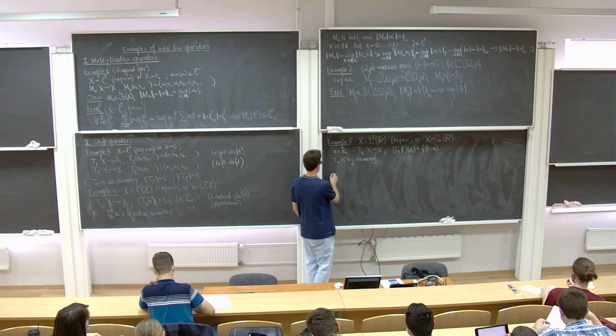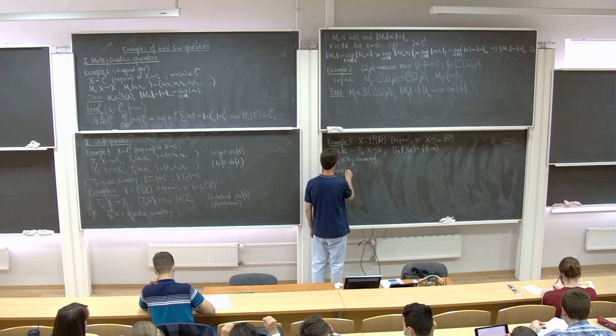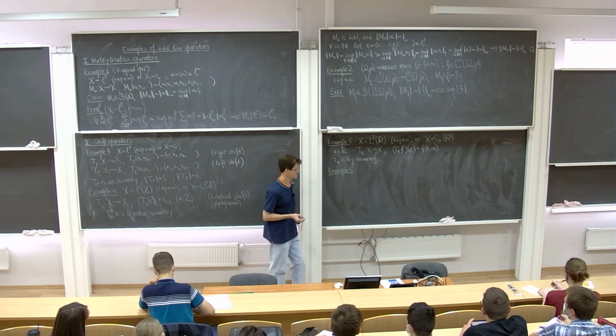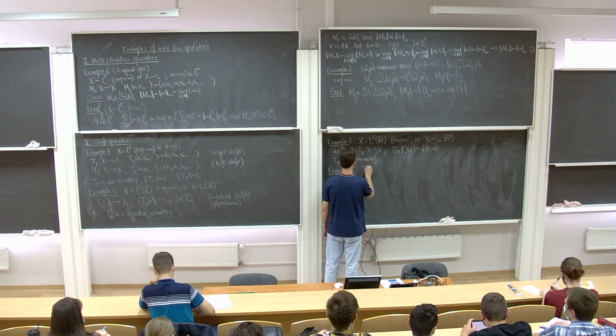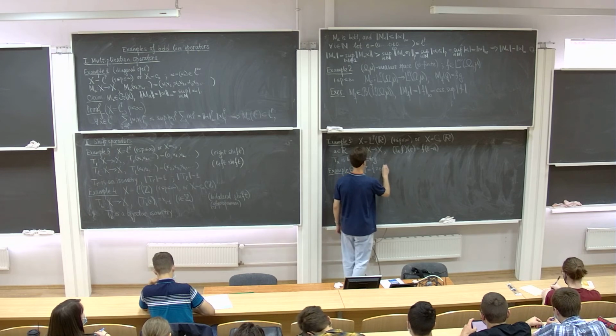And one more example of the same kind, example 6, is the shift operator on the circle. So let's denote by bold T the unit circle on the complex plane centered at 0.